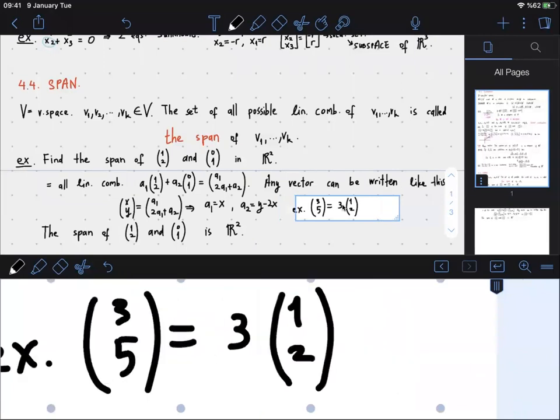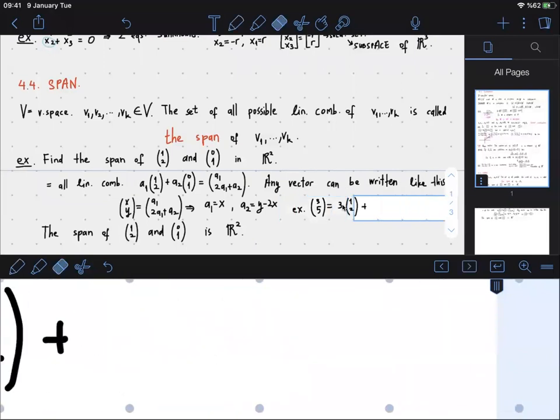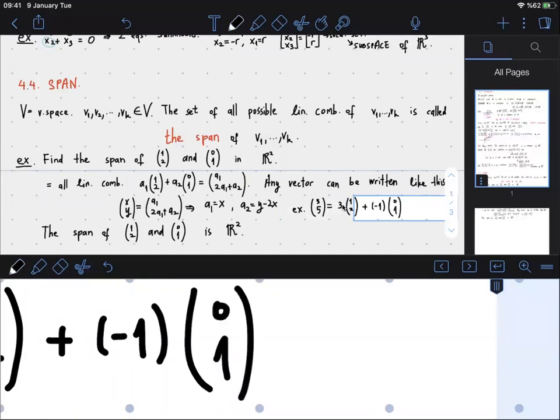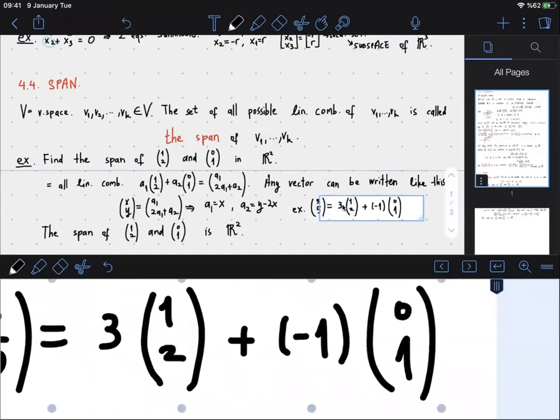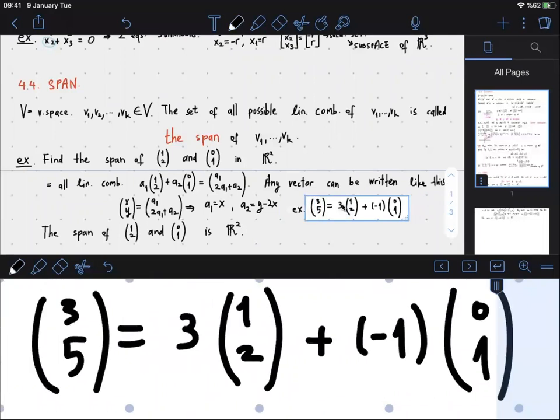Now I have to multiply the second by -1 times (0, 1). So you see this equation is satisfied, right? What does this mean? This means (3, 5) can be reached by a linear combination of these two vectors. If I move 3 units in this direction and -1 unit in this direction, I get to this vector, meaning that (3, 5) is a linear combination of these two vectors. Okay.